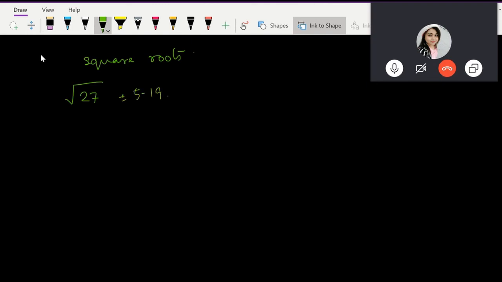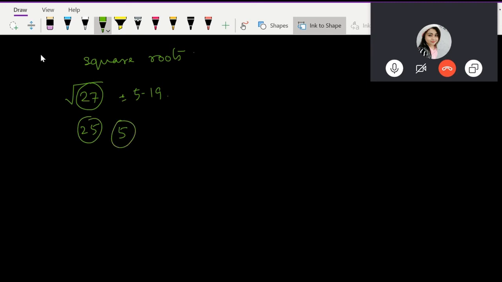So there's a very simple way of getting this. Look at the number 27. What is the square just less than that? 5, and 5 square is 25.